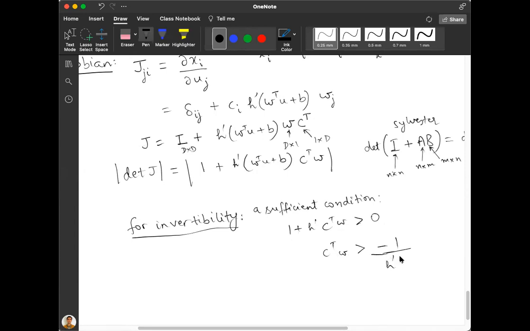Basically, h dash is a function of some A, and I can say supremum of A. So if this thing is greater than the smallest value of this term, then we are sure that it will always be greater than this, or we are always sure that this will be invertible.